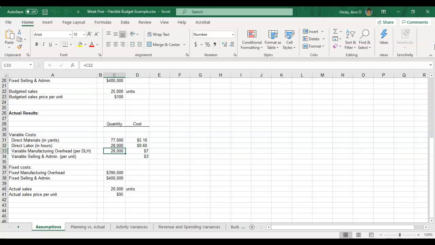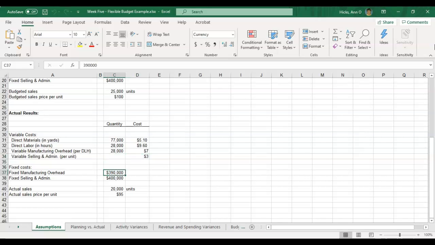Again, because we're allocating variable manufacturing overhead based on direct labor, our quantity would also be 28,000 hours. Our variable cost per hour, $7. And then our variable selling and admin came in at $3 per unit.